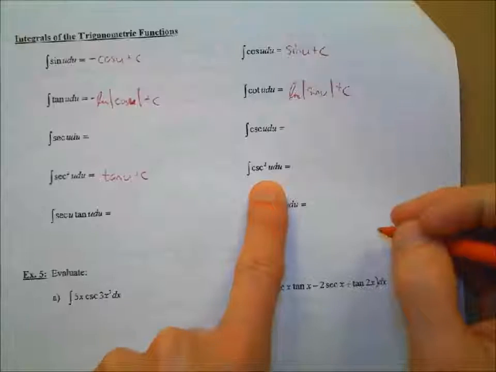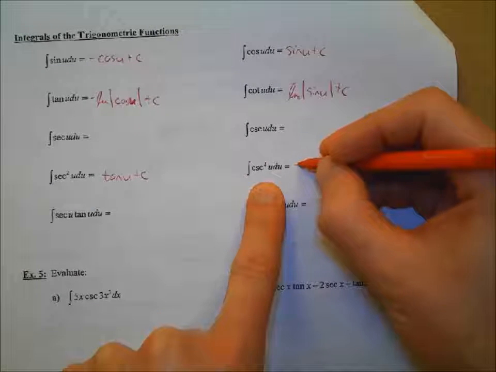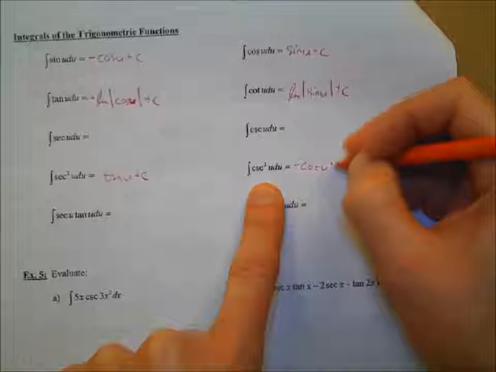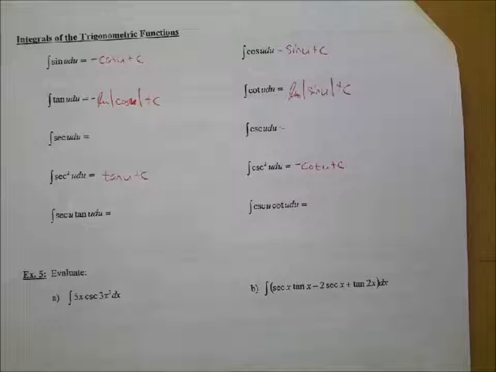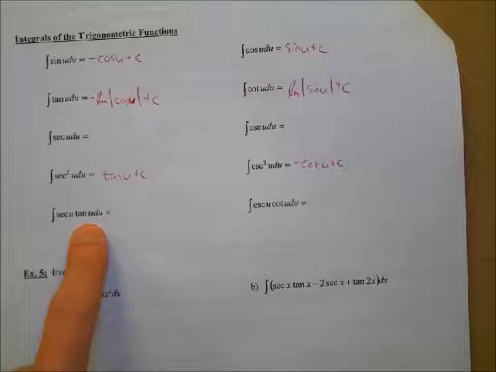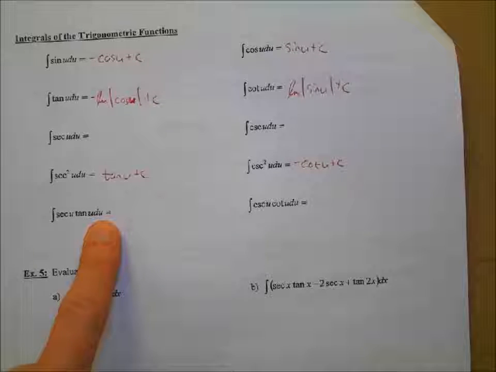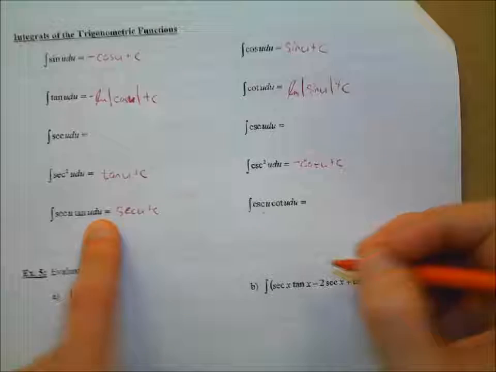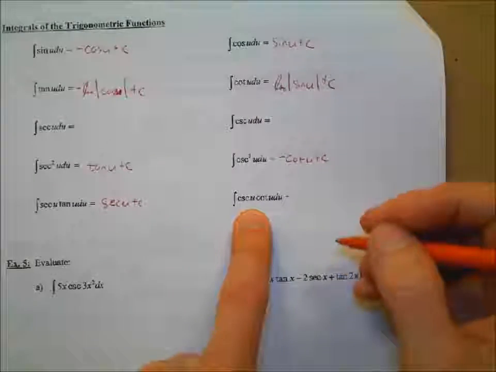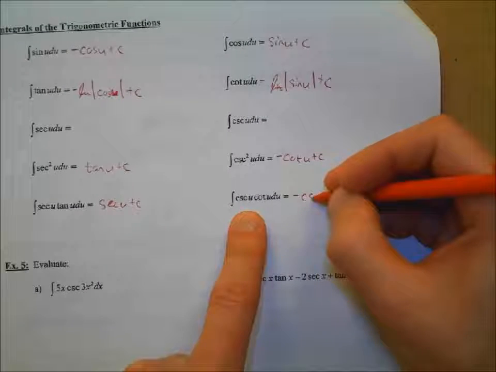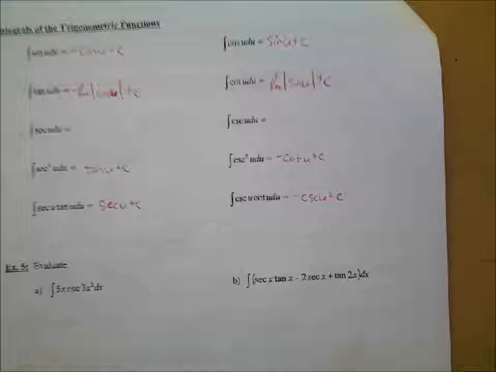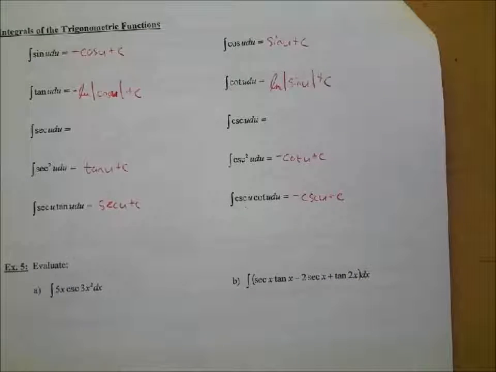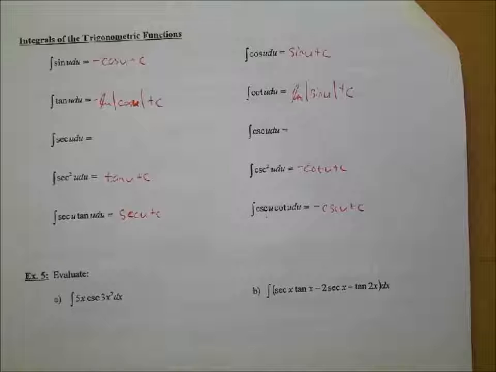Tangent of u plus c. Integral of cosecant squared, therefore, will be negative cotangent u plus c. Okay. Integral of secant u times tangent u du: secant u plus c. Okay. And integral of cosecant u cotangent u: negative cosecant u plus c. Okay.